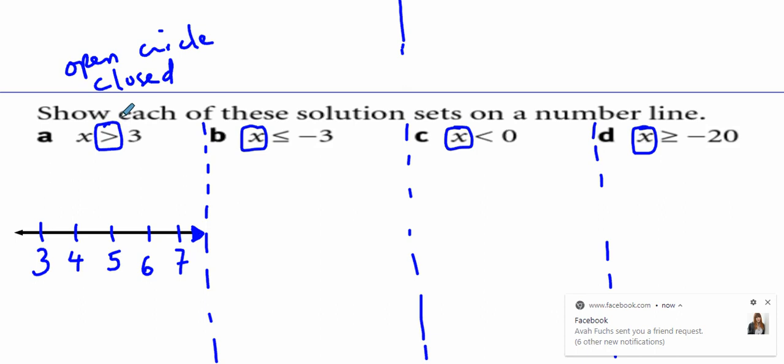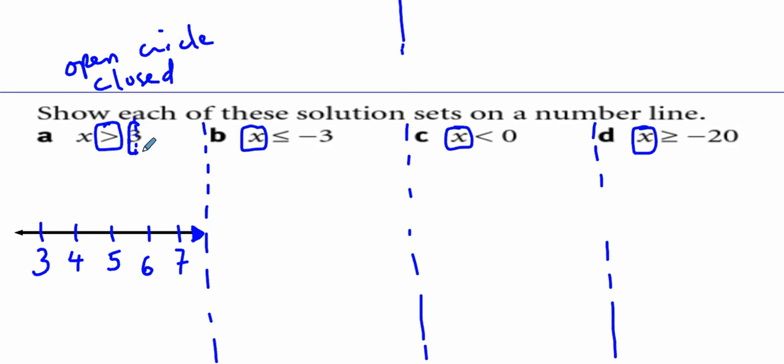I said for this symbol greater than, we use open circle. Now, where do we draw an open circle? We draw an open circle on the number 3 itself. So just above, don't draw somewhere here, no. We draw just above the number itself. So make sure that it is really an open circle.